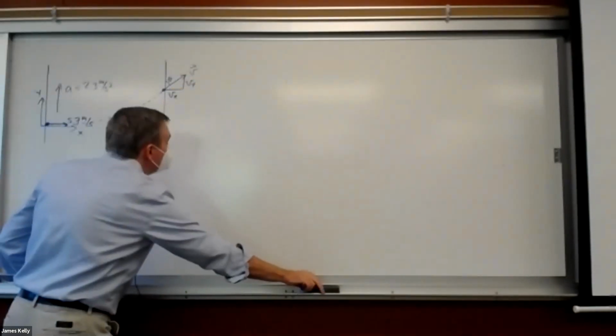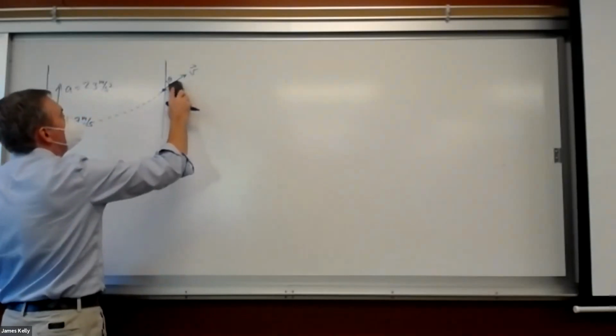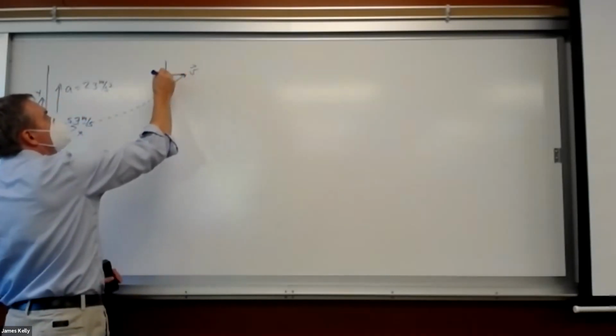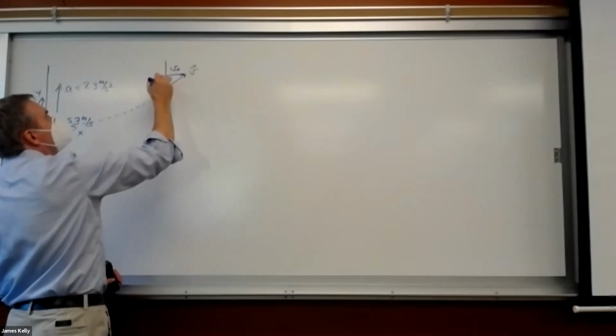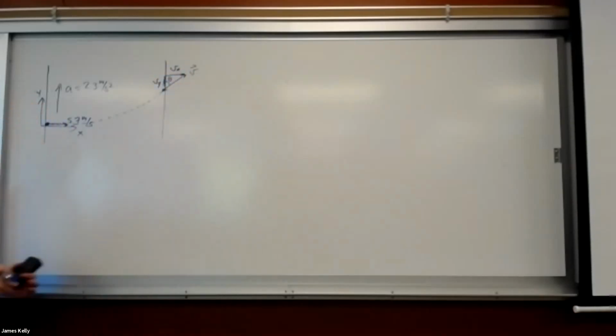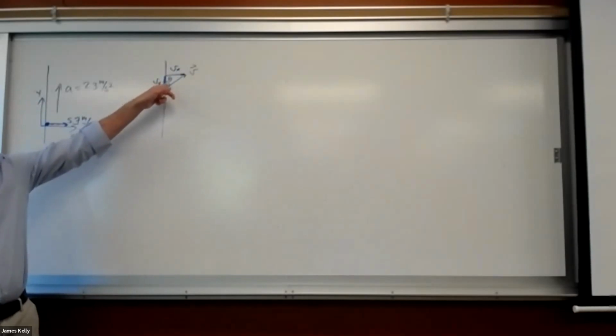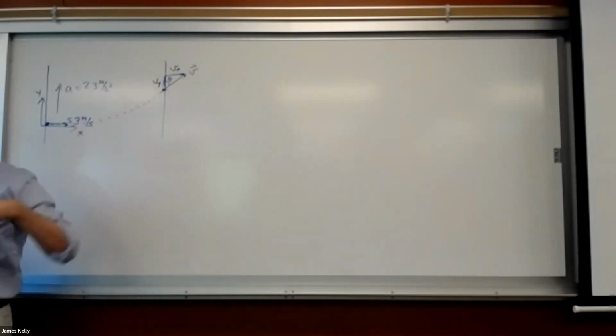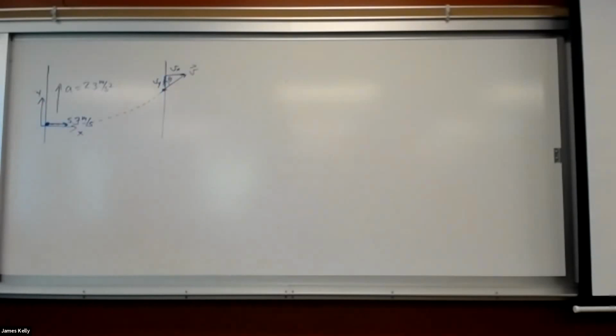I didn't draw the best right triangle there because it doesn't include my angle. Let's do it this way. This is Vx final, and this side over here is Vy final. So there's a little right triangle that includes my angle. If I know those two sides, I could say tangent of theta by SOHCAHTOA is Vx over Vy. So part of the question is, do you know what those words mean, the angle with the wall? That's a legitimate confusion. Several people asked about what that means.